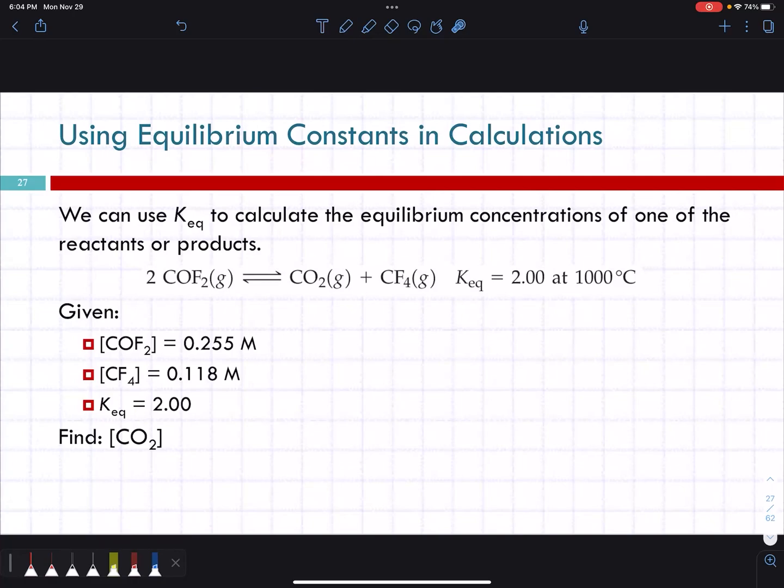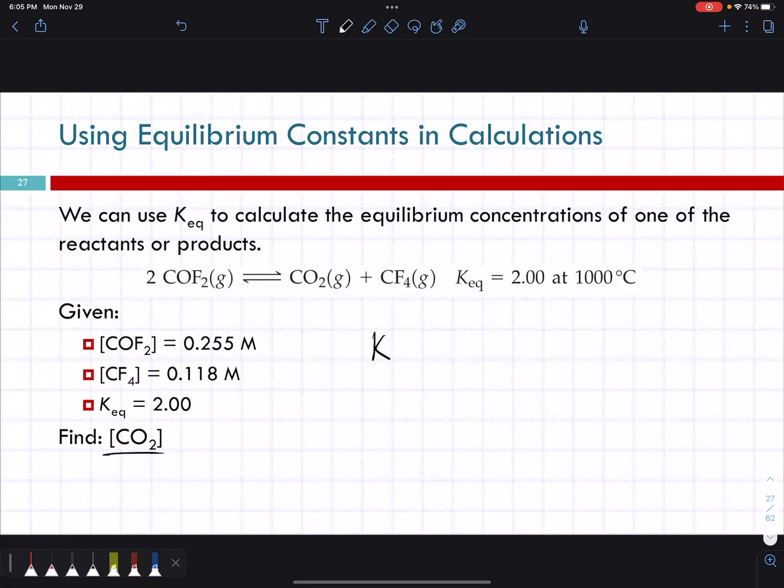What is the concentration of the last one? So here this is our equilibrium concentration of COF2, and then CF4, or carbon tetrafluoride. And we want to find the concentration of CO2.